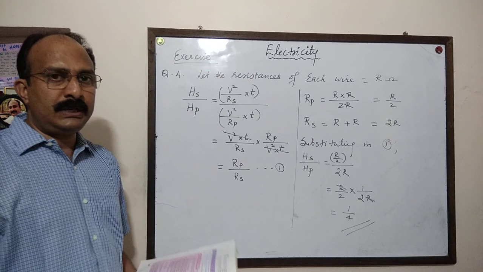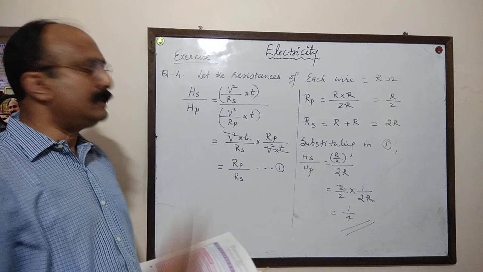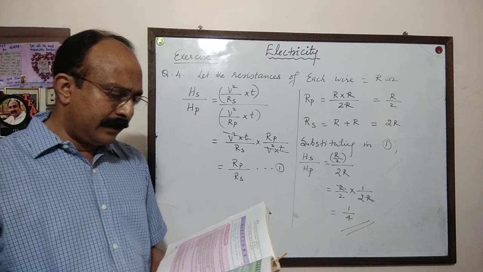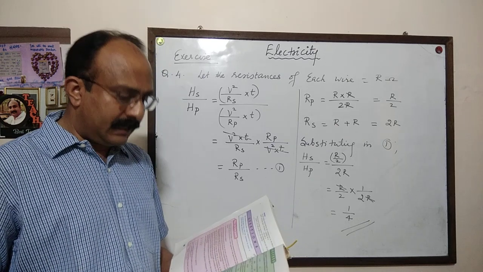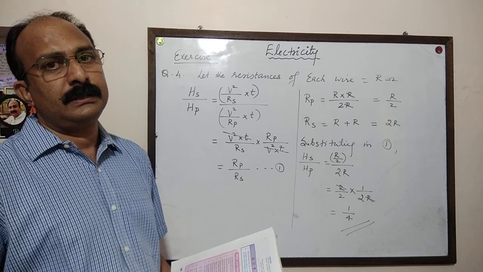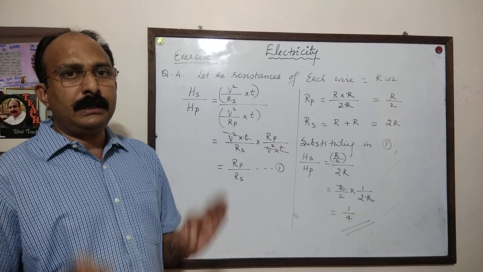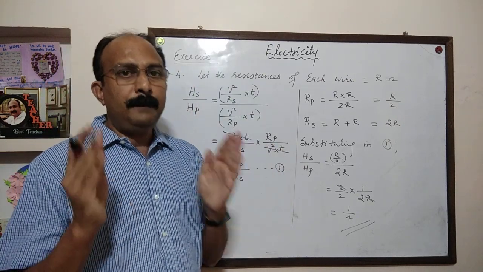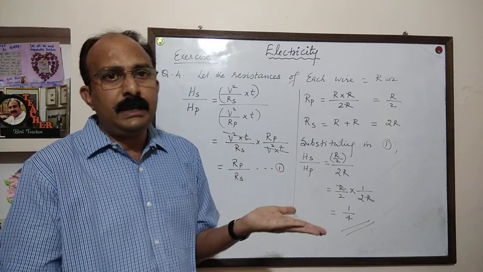So please see the solution. Remember all the formula, that is number 1, and see the solution. Next question, question number 5. How is a voltmeter connected in the circuit to measure the potential difference between 2 points? I told you already, a voltmeter is always connected in parallel between the 2 points across which the potential difference is to be measured.